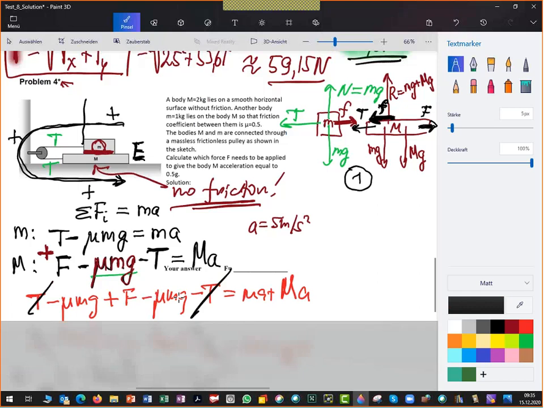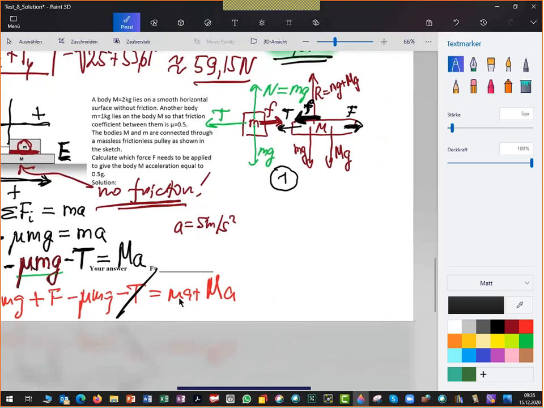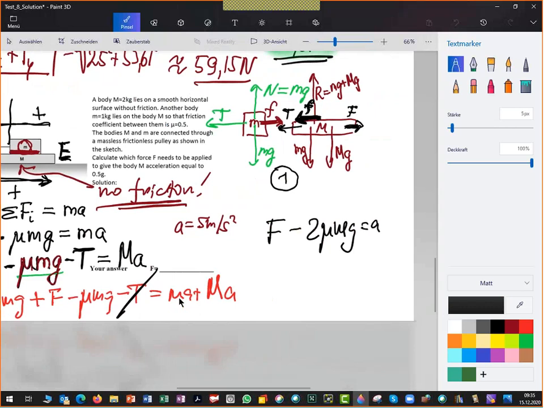What we will have is F minus 2 mu mg equals a m plus m. F is equal to a times (m plus m) plus 2 times mu mg.